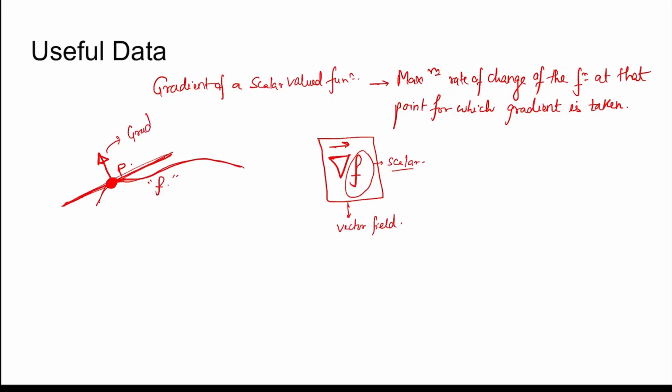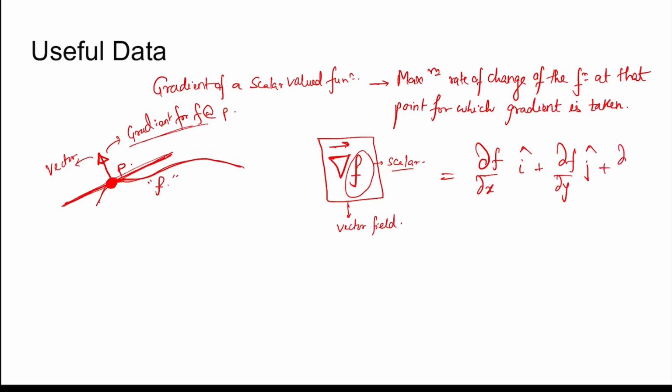This is the gradient for f at p, and this is a vector field and this is a vector, because there will be many such points, so it becomes a vector field and this gradient is a vector. Now this operation can be seen as, if this is the case, then dou x of f i cap plus dou y of f j cap plus dou z of f z cap or k cap.